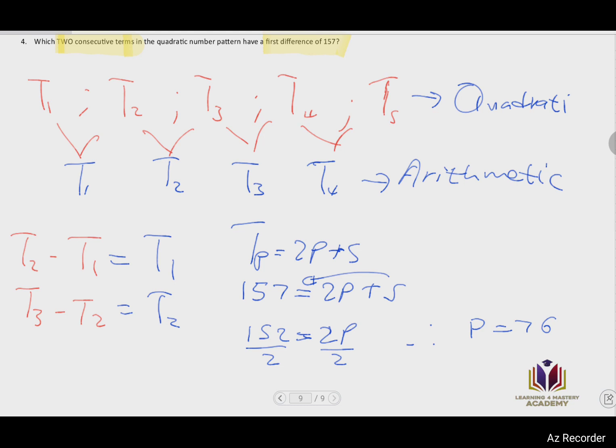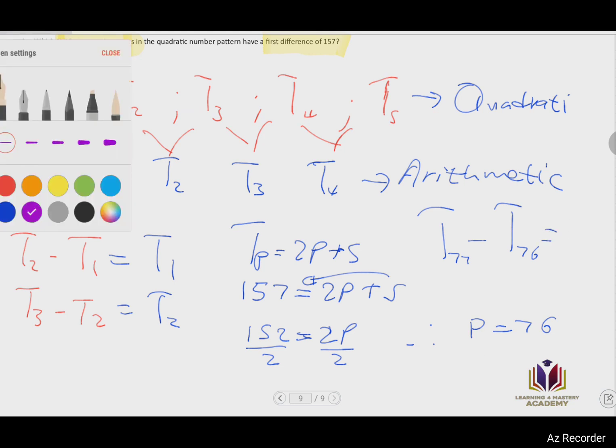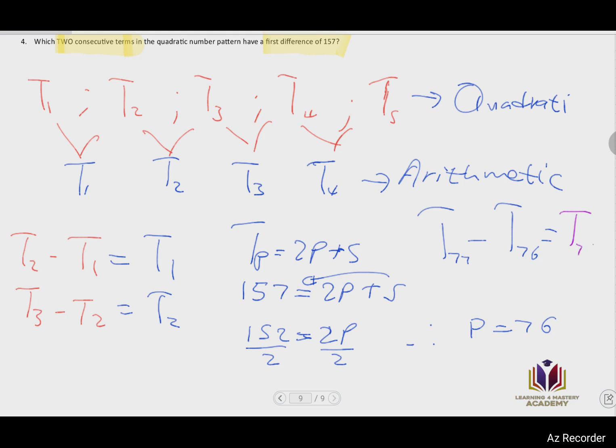Now, what did we say? If the position of 157 is 76, what does it mean? It means that the two consecutive terms in the quadratic that were subtracted to get T76 of the first difference will be T77 minus T76, because this is going to give you T76 of the first difference.